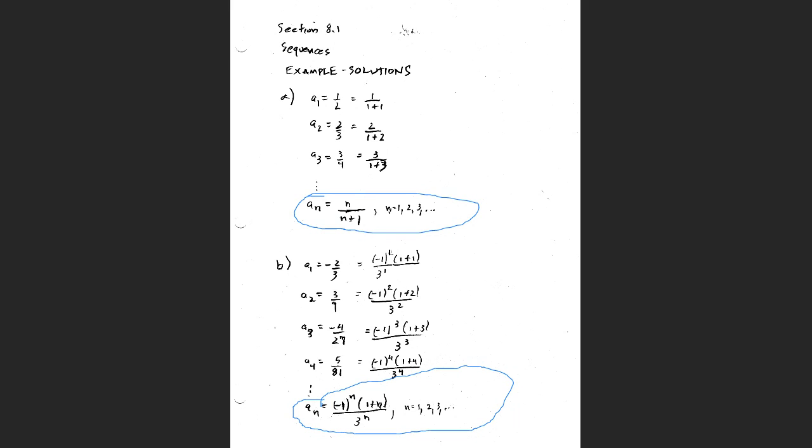And you see what I did here, by the way. When I worked it out this way, I wrote the 2 as 1 plus 1. I wrote the 3 as 1 plus 2. I wrote the 4 here as 1 plus 3.